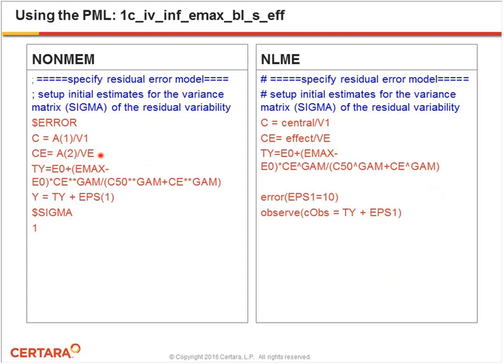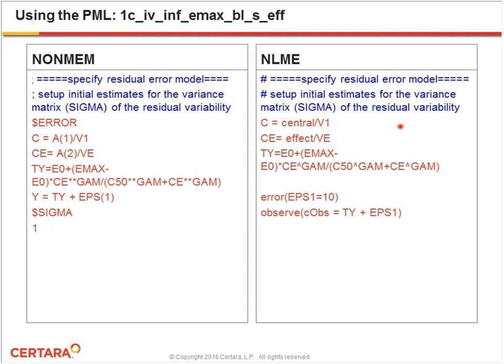And then we are expressing the effect, which is the Hill equation, E0 plus Emax minus E0 times C raised to the gamma divided by C50 raised to the gamma plus CE raised to the gamma. And then there's the description. This is the expression for the additive residual error model. So the prediction is the best prediction. The observation Y is the best prediction plus an epsilon, the residual error for which the initial estimate is 1.